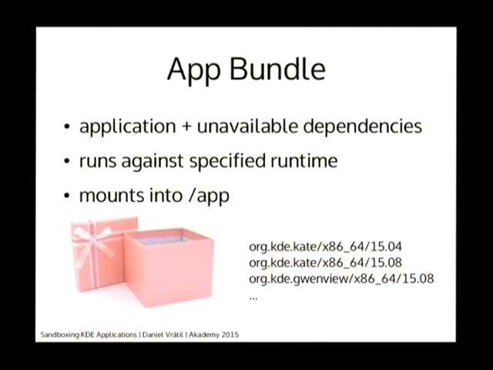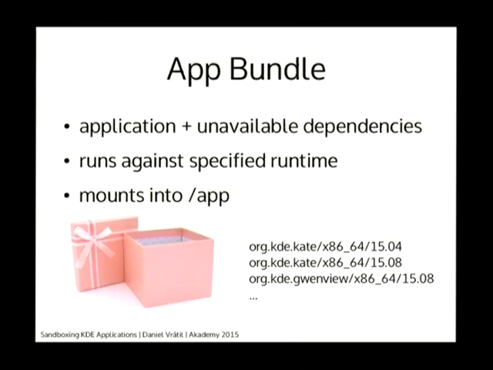So yeah, as I mentioned, it runs against the specified runtime. So the application simply says in its metadata, I need this runtime of this version, and xdg-app just takes care of it. When you create the sandbox and set up the file system from the runtime, then a special /app directory is created, and the application bundle is mounted into there.